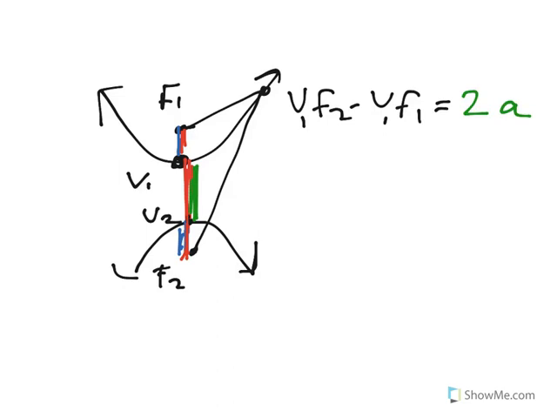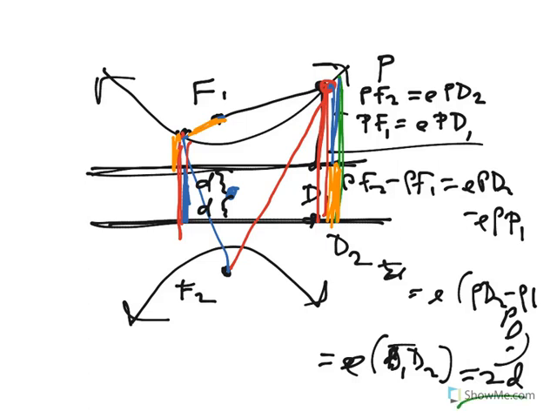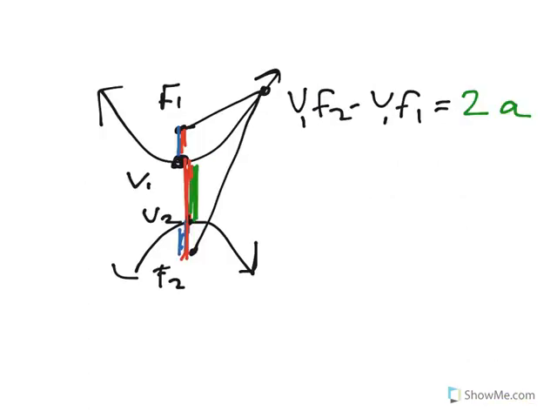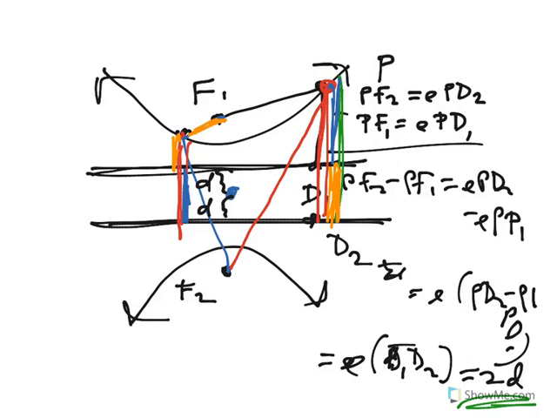Now we saw from the last page that the magic number was also 2d over here. So I can also throw in that it equals e times 2d. I notice over here I accidentally left the e off of that.